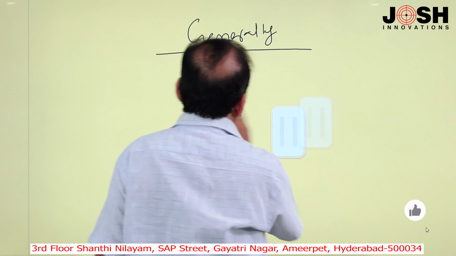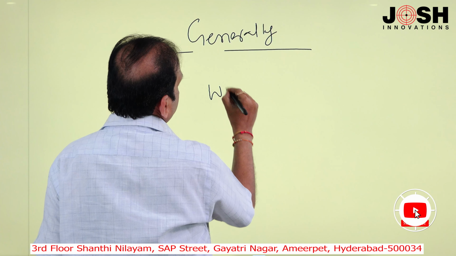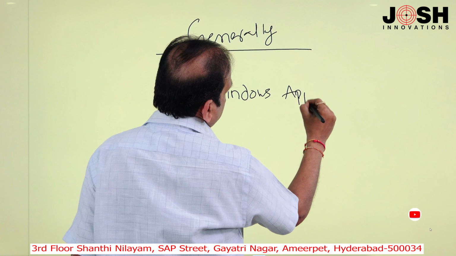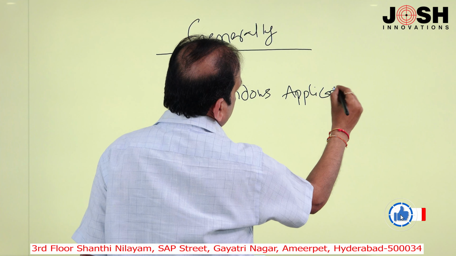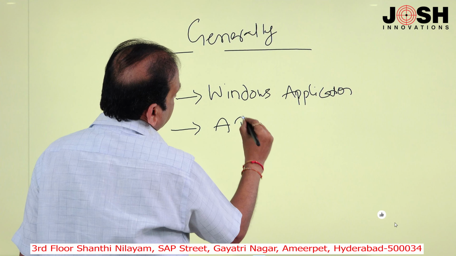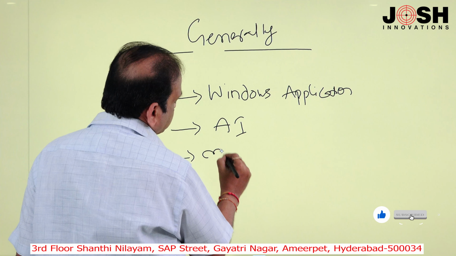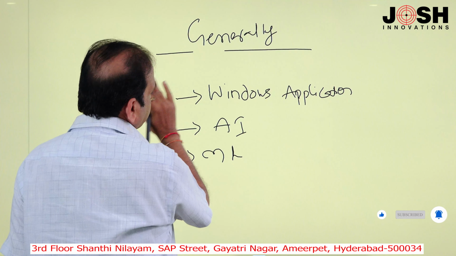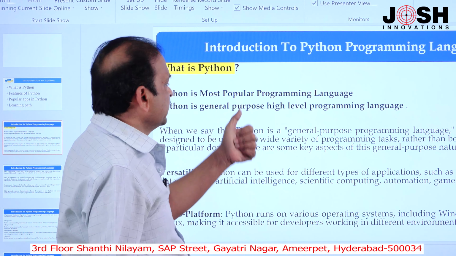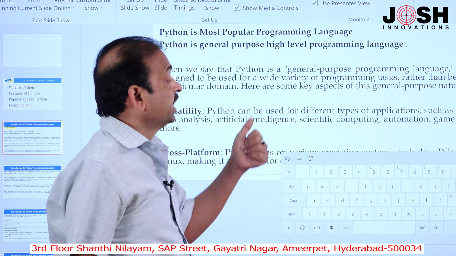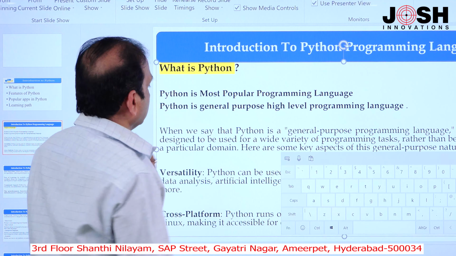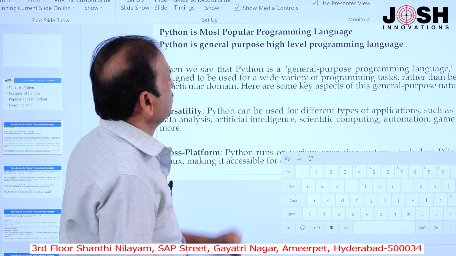Not only this, any Windows application also we can develop by using Python, and for example AI, artificial intelligence, and machine learning. All these applications can be developed by using Python. So Python is the most popular of all the languages, and Python is a general purpose high level language.